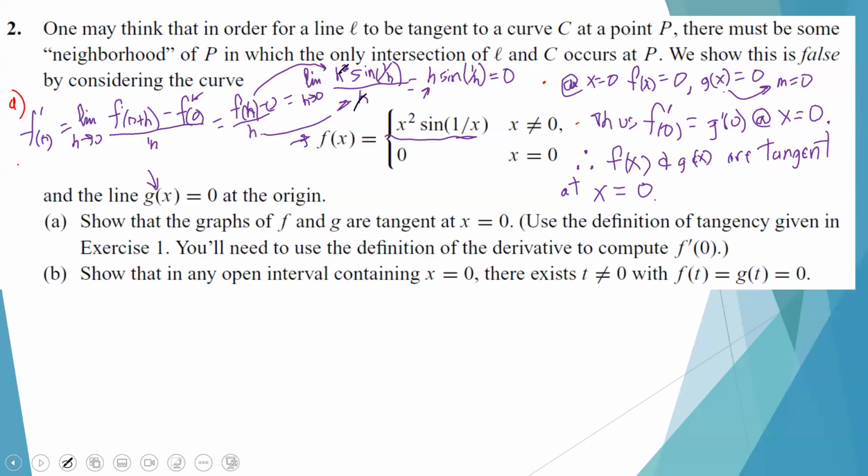So let's consider an open interval, just a random open interval. We're not going to use numbers, because who likes to work with numbers? Jeez, we're math people. The interval negative a comma a.